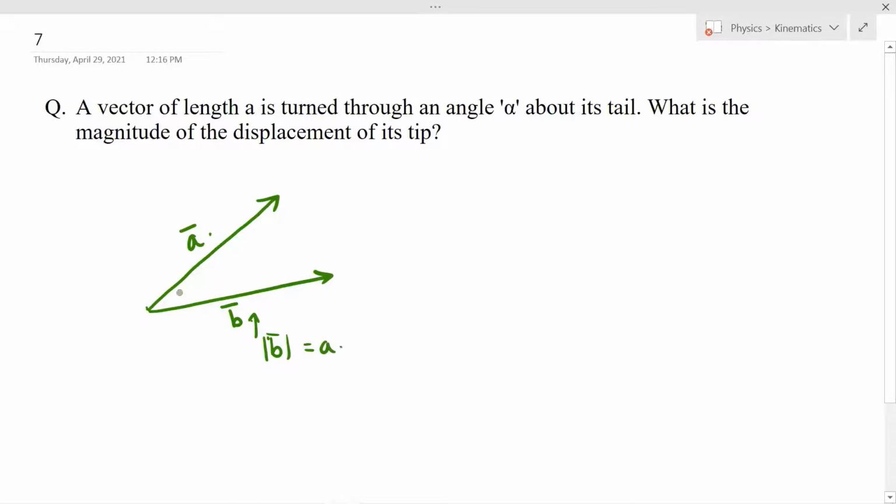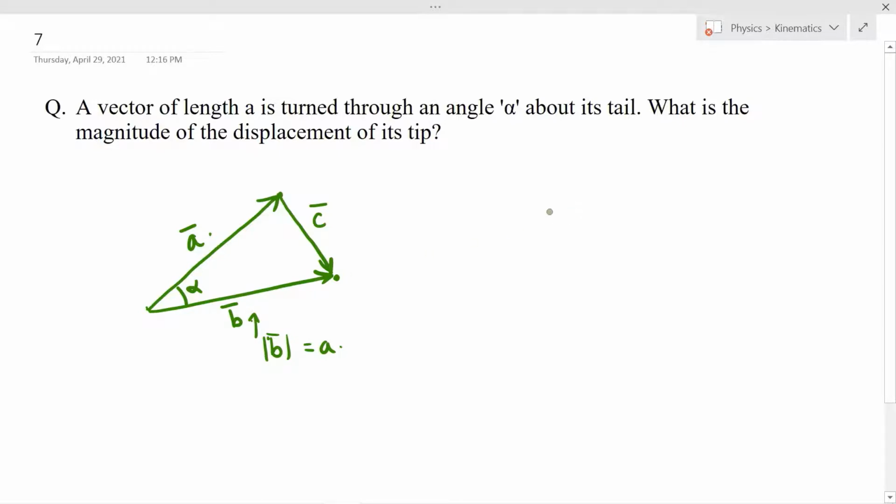and the angle between them is alpha. Now the displacement vector will be like this, as I have earlier said, that final position minus initial position will give you the displacement. Now let's say this vector is c bar, the displacement vector.